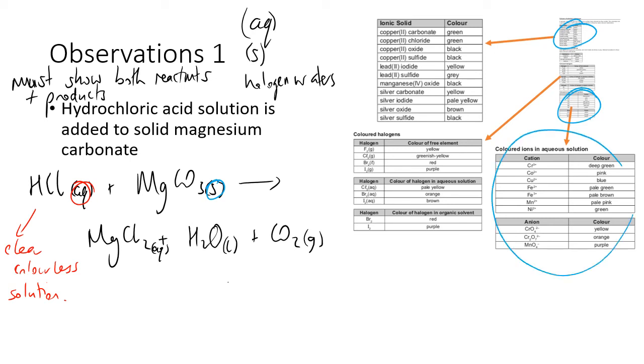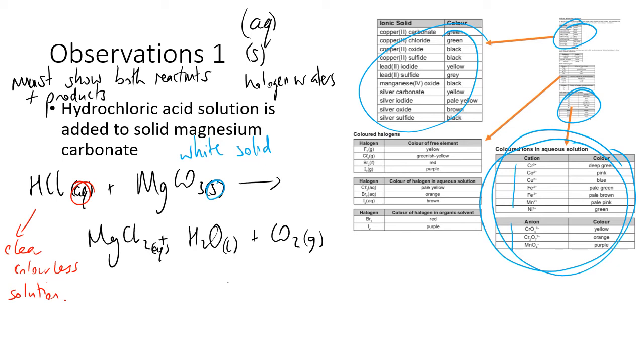And we look at the ions that compose magnesium carbonate. Magnesium is not here, carbonate is not there. And if they're neither here nor here, then the solid will be white. White solid.